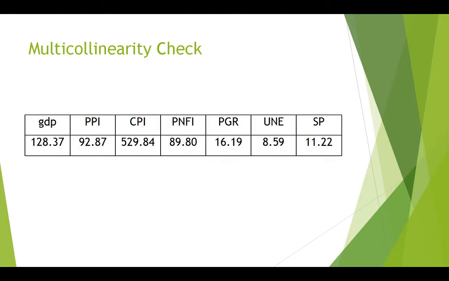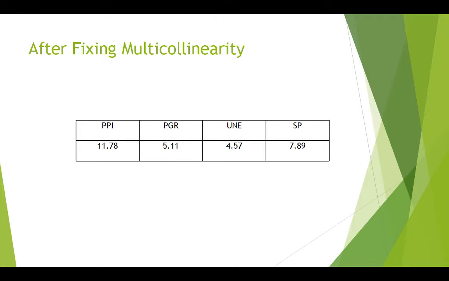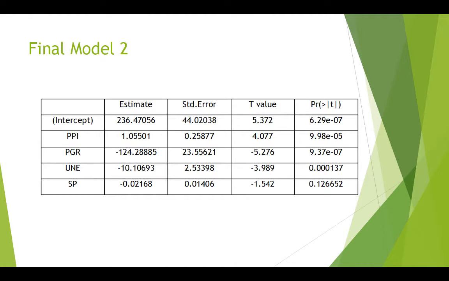Then we do a multicollinearity check. From the result, we can see that some variables have extremely high VIF values. We remove variables with VIF values higher than 10. There are 4 variables left, which are PPI, PGR, UNE, and SP. The result of final model 2 with these 4 variables shows that they are significant and we can use this model.